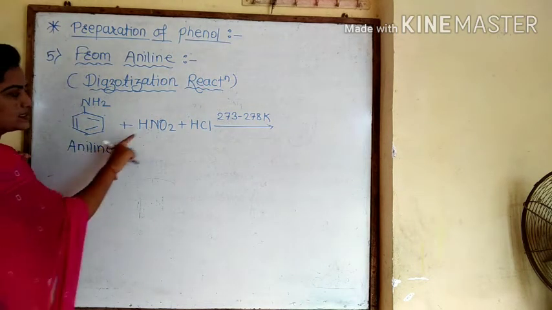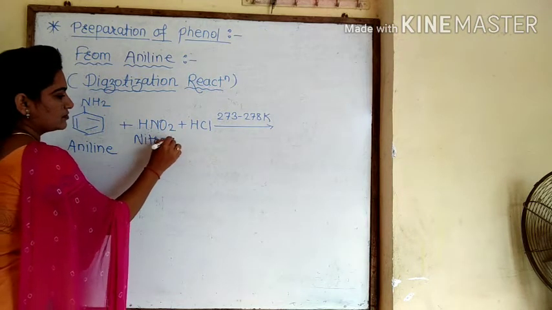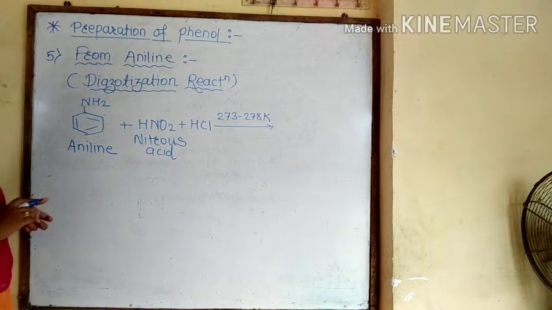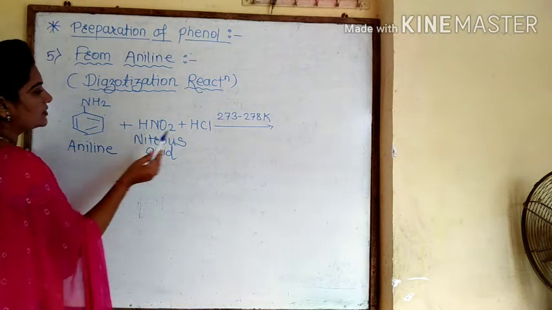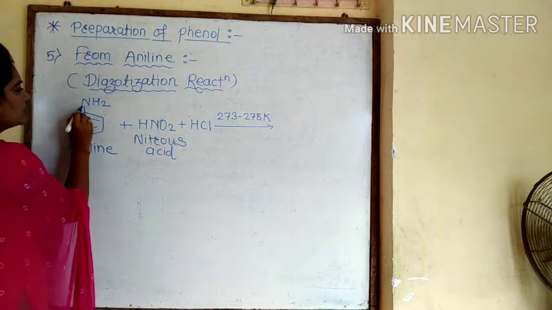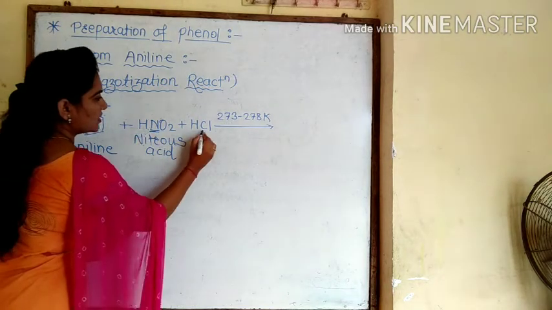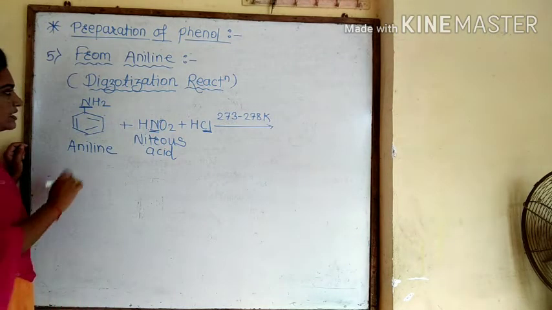So when aniline is reacted with nitrous acid and HCl at 273 to 278 Kelvin temperature, we get the formation of benzene diazonium chloride. So how can we prepare benzene diazonium chloride? This nitrogen as it is here, and this one Cl, that is N2Cl, benzene diazonium chloride.